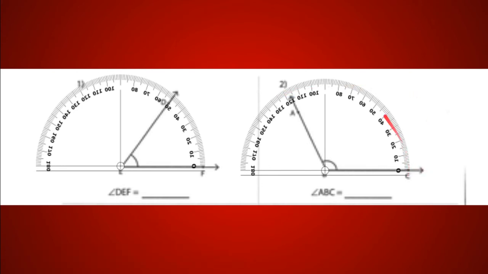This goes from 0 to 180, so we'll just move up and see, this is about 116. Yes, 116 degrees. And this one over here moves from 0 to about 53 degrees. Is it 153? No, it's 53 degrees. Good.